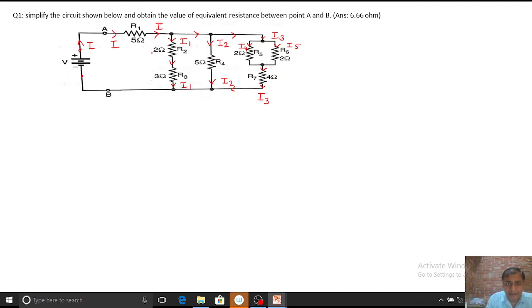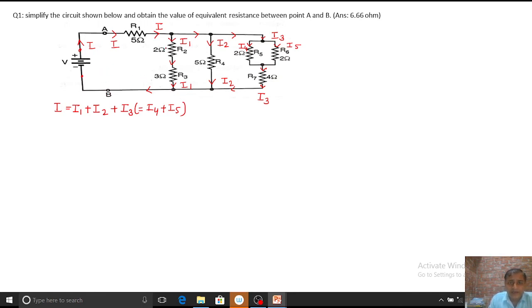So I ampere is divided into three parts: I is equal to I1 plus I2 plus I3, and I3 is divided into two parts, I4 plus I5. Okay. So now here we find out the overall resistance between A to B.